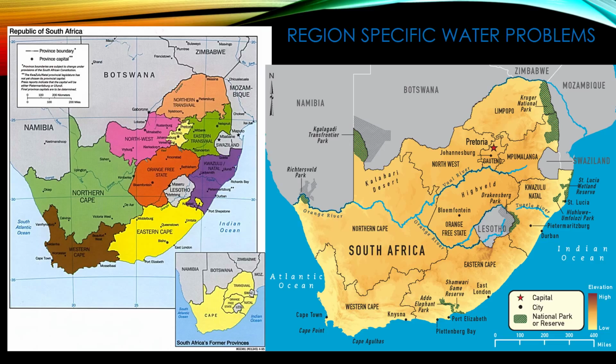Above the Vaal River, northwest, Limpopo and all those areas, that's going to be the first section I talk about. And then where the Vaal River and the Orange River split, I'm going to talk about the Orange Free State and KwaZulu-Natal together. And then all the capes I'm going to talk about together.